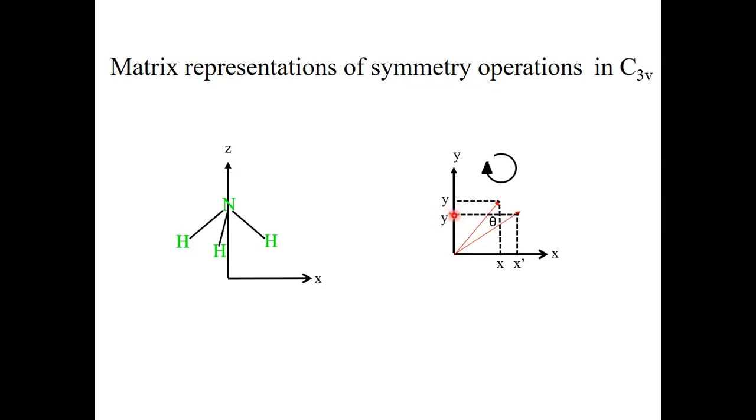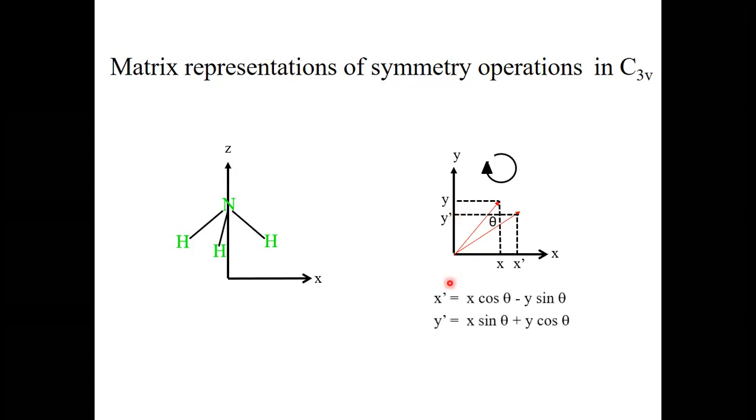So you see that in contrast to a C2 rotation, when we rotate around an arbitrary angle, now the change of the coordinate x also implies a change of the coordinate y. Therefore, the coordinates x and y are no longer independent. They transform dependently on each other. So now, how exactly do they transform?